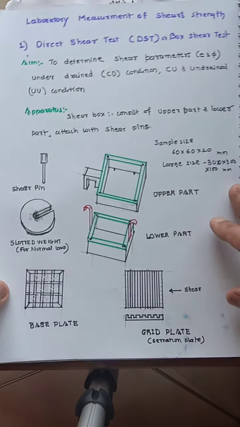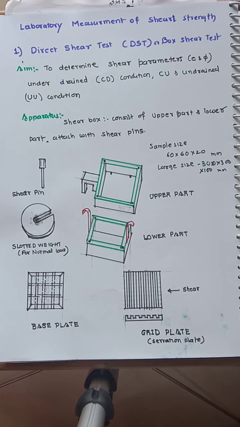Now we'll move to the first laboratory test, that is the direct shear test, DST, also called the box shear test. As I explained, shear takes place in the box, that's why it is called a box shear test. Direct shear means the plane of failure is predetermined, horizontal, and the stresses acting on it are measured directly.